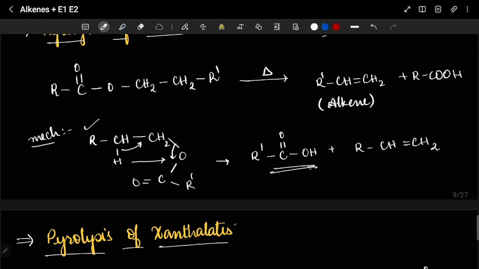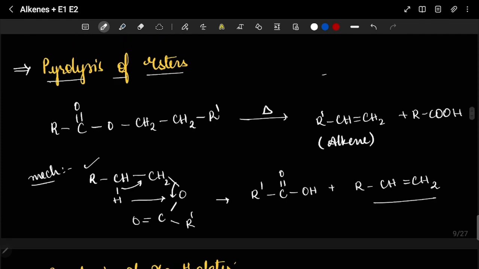And then carboxylic acid is formed along with an alkene, right? This part forms the alkene, and then the hydrogen which has been released goes and forms OH there, so carboxylic acid is also formed.